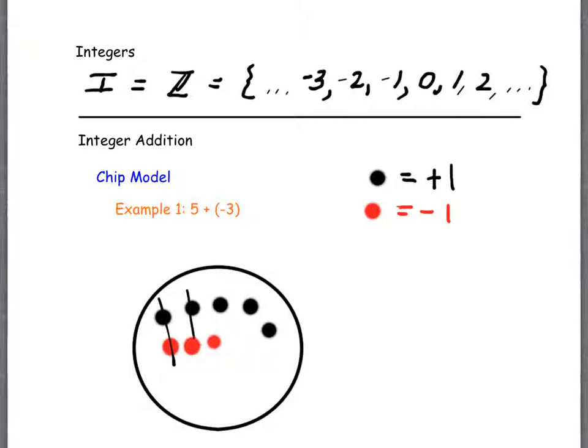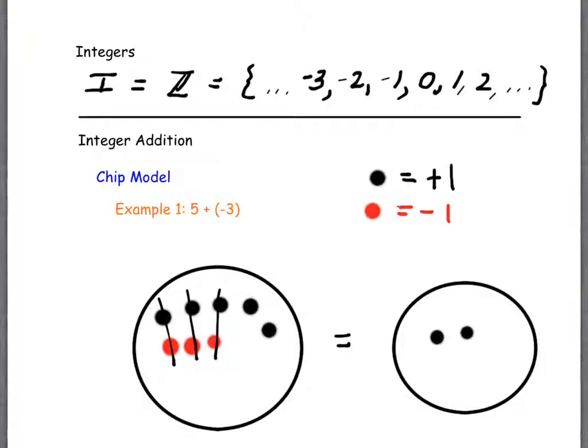So we have the ability to cancel out 3 of these because they combine to give us 0, which means that the resulting chip model, if we were to draw the picture again, all it would still have in it then is 2 black chips. So this ends up being the number 2, and you can physically move these objects around.